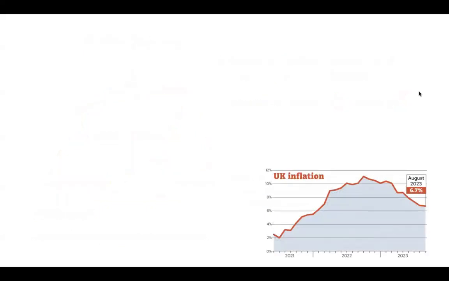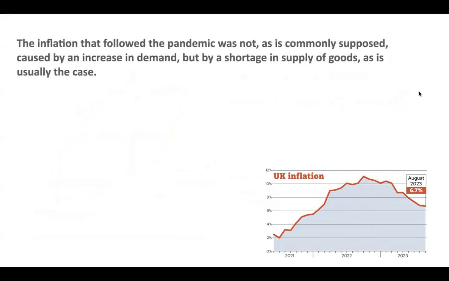So here we see a graph of inflation since the pandemic, and we're all aware of the fact that inflation increased. It wasn't just in the UK, but in the US and Europe as well. But the inflation that followed the pandemic was not, as commonly supposed, caused by an increase in demand, but by a shortage in supply of goods.